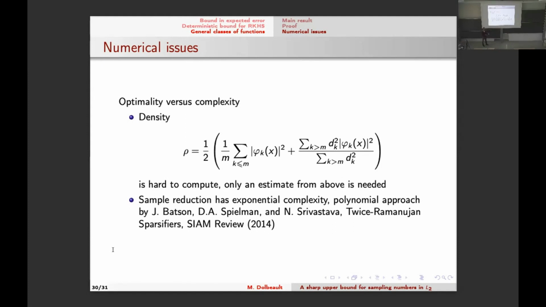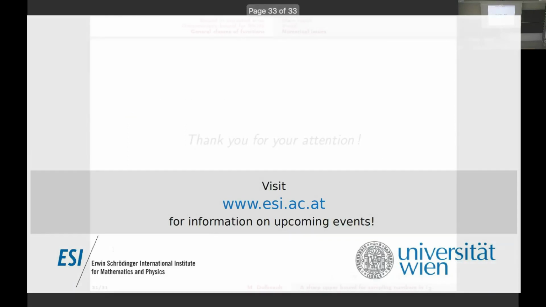So I probably need some truncation or bounds on this density rho. And then the sample reduction has an exponential complexity. The theorem from Marcus, Spielman and Srivastava that we used to reduce the sample was totally unfeasible. But there is a similar result, a bit weaker, which has polynomial complexity and which we are trying to adapt to this context. So that's all, since I'm in a hurry. Thank you for your attention.